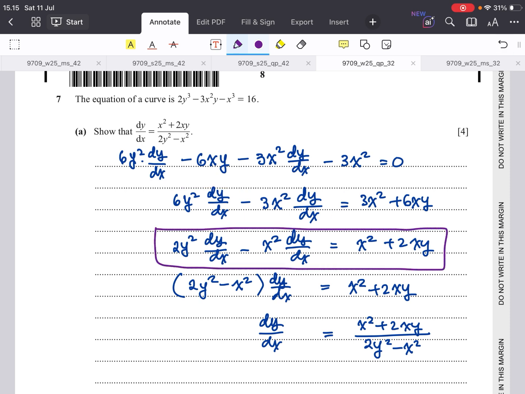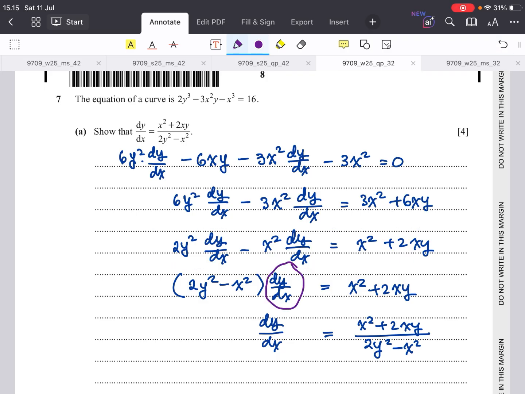Then factorize, pulling out the dy over dx from the parenthesis. And using algebra, we move this one to the right. And then finally we get dy over dx is x squared plus 2xy over 2y squared minus x squared. So shown.